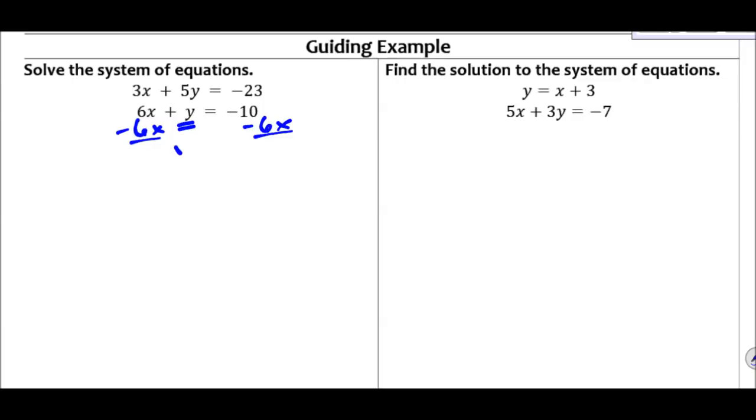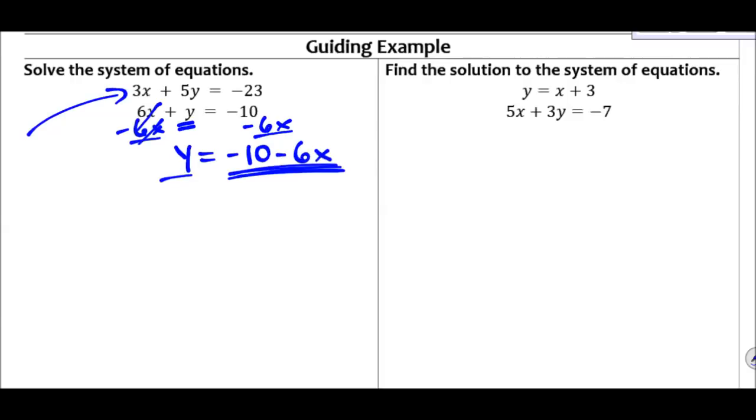That gives me y by itself. It's canceled out, and that gives me that y is negative 10 minus 6x. That entire expression is y. These two are the exact same thing. So I can take this expression and put it anytime I see y in the first equation.